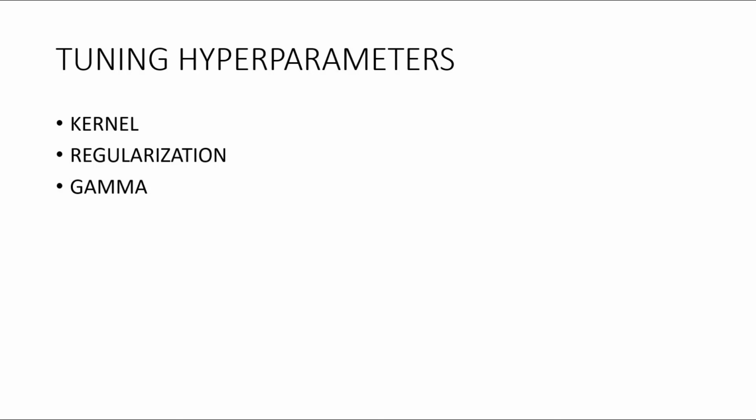A hyperparameter is a parameter whose value is used to control the learning process. Here we need to understand the kernel, regularization and gamma are the parameters we need to tune for our machine learning model.